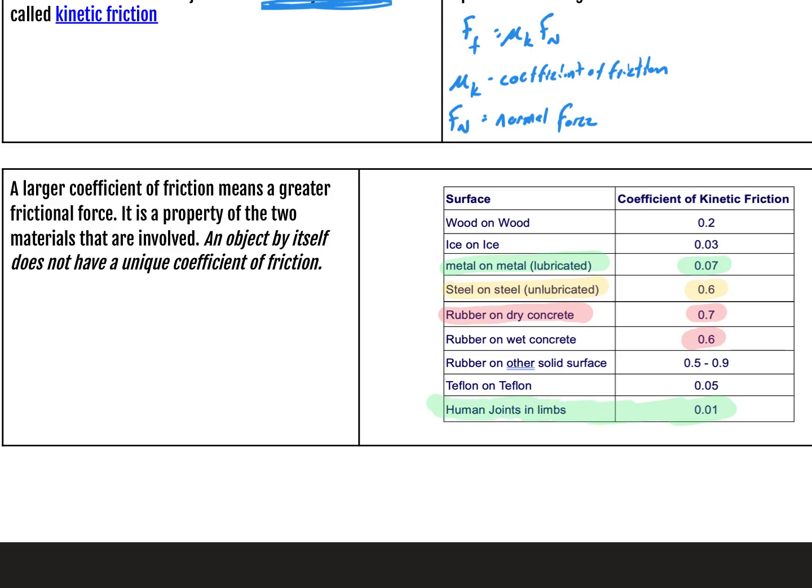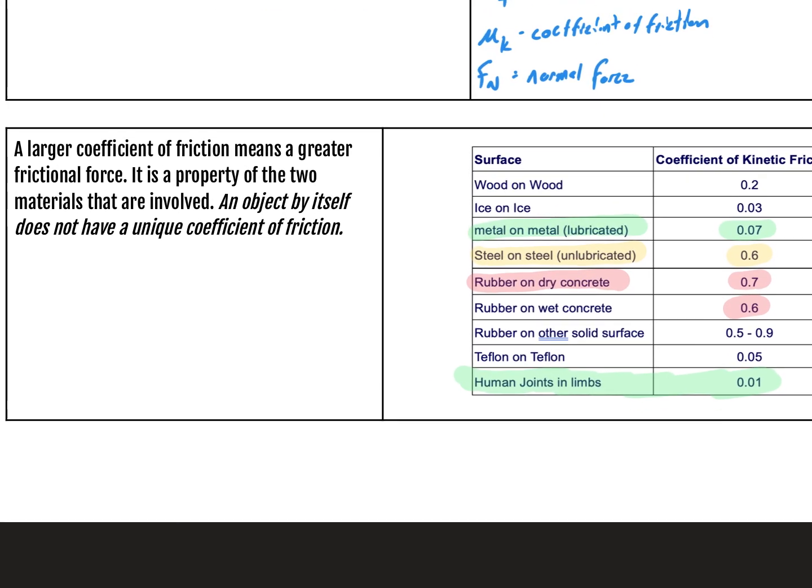It's at 0.01, and that's really useful to us. We like our joints to move easily. We don't like it when they get stuck. It's usually kind of painful there. But these are just established values, and we'll do a couple of labs where we'll find the coefficients of friction between that. So that's an interesting idea how that works.